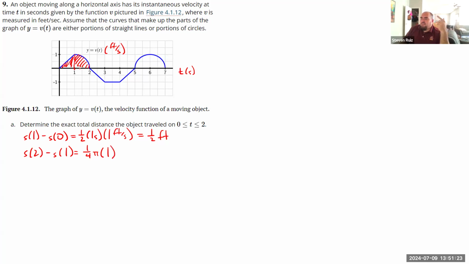Because I can measure the radius either vertically or horizontally or anything else, let's just keep it numerical. Try not to muddy the waters too much. This comes out to be pi over 4, or pi over 4 feet. Let's approximate that a little bit. So 0.785.